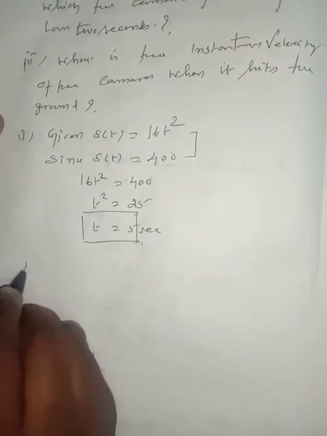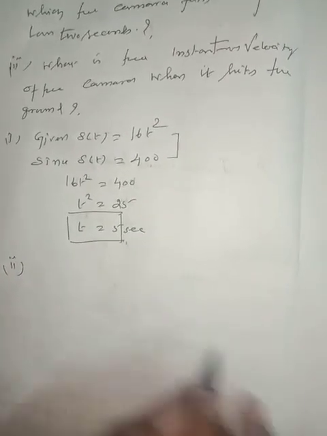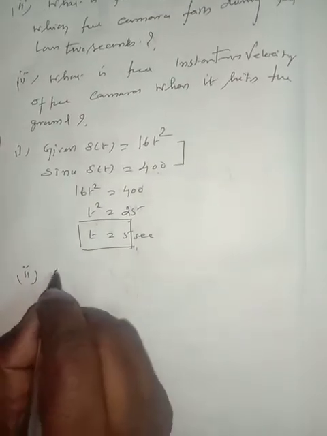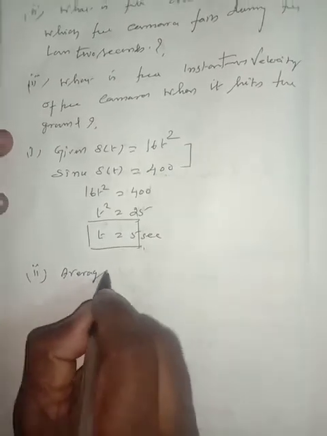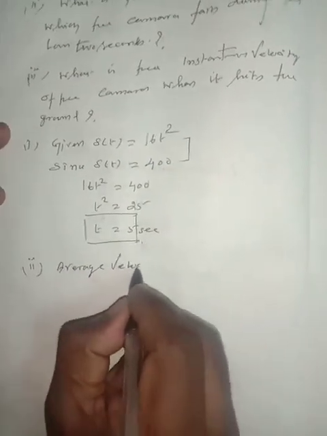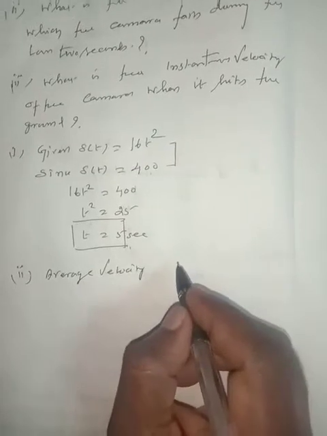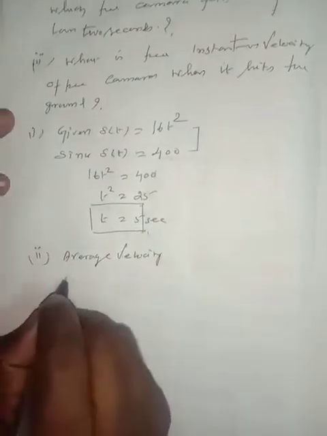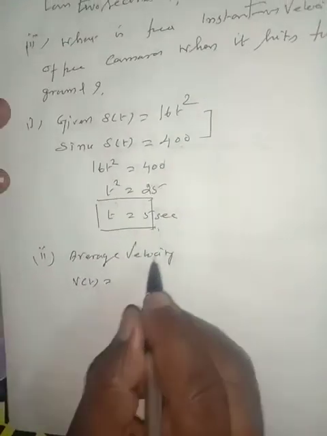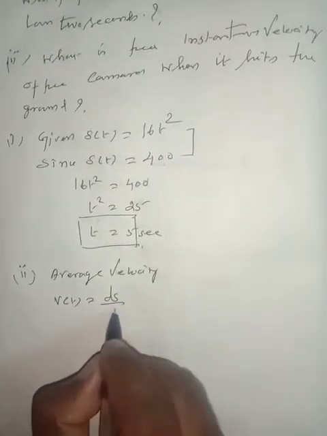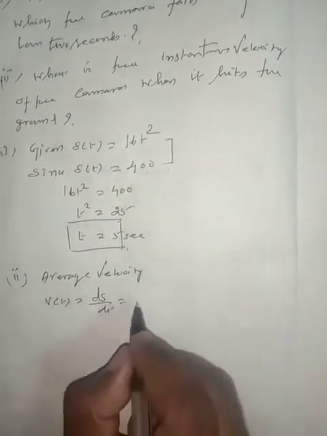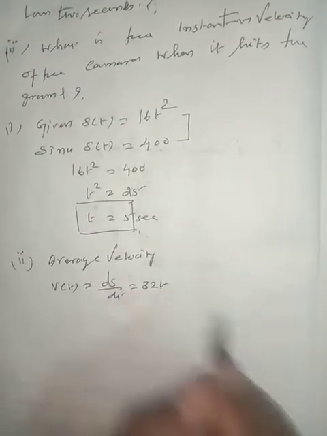Question number 2, subdivision number 2: average velocity. v of t is equal to ds by dt, which is equal to 32 t.